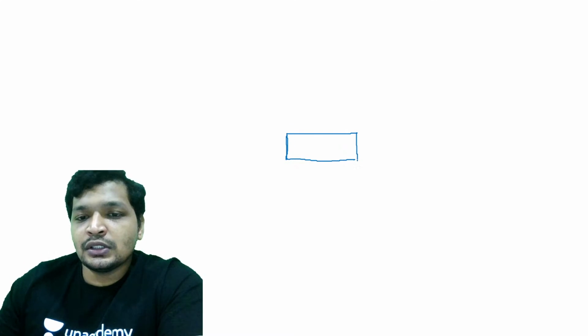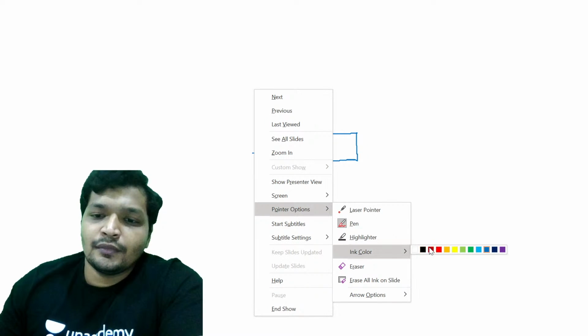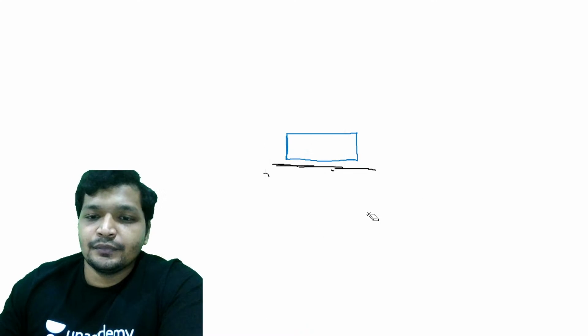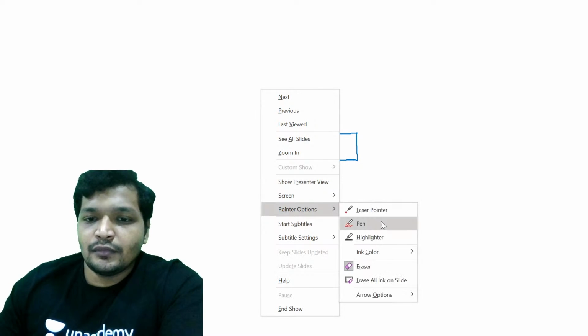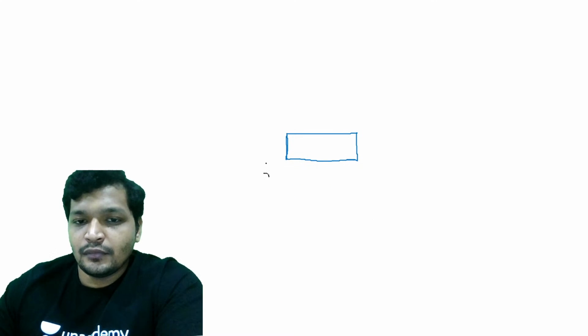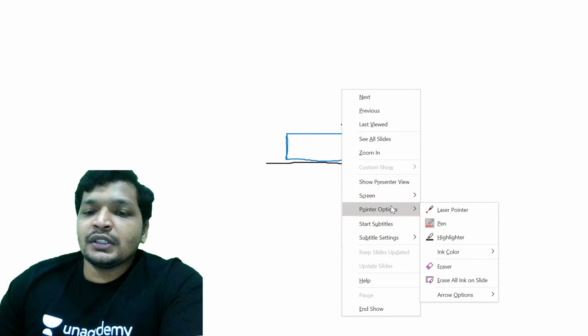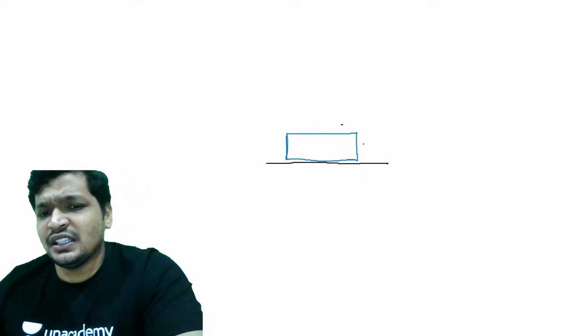This block is on a stationary surface. This block is completely touching the ground. Anyway, it's a frictionless stationary surface.